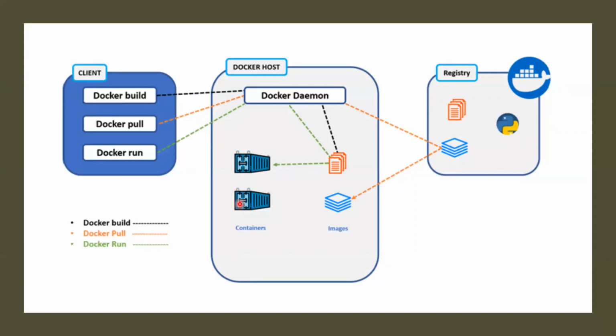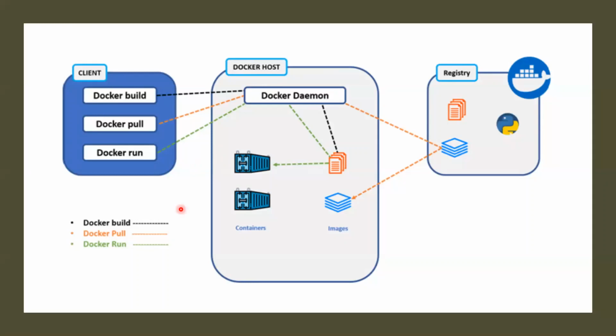The Docker client and Docker daemon can be operated on the same system, or you can have the Docker host on some other remote system. Both can communicate with a REST API using Unix sockets or over the network. If you see here, the black lines are for Docker build, orange lines are for Docker pull, whereas the green lines are for Docker run.